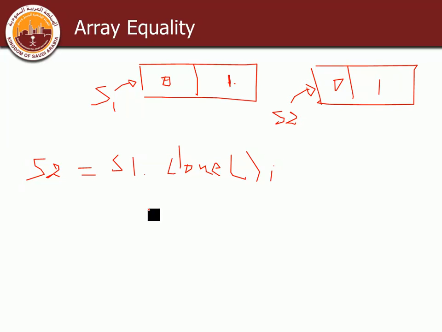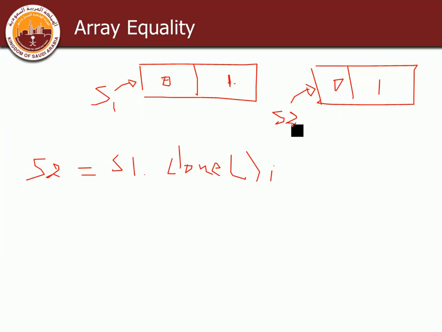So now is S1 equals S2? No. Because it does not look at whether they have the same size or the same content. It works on a different level. This equals just looks at the address. Are they the same address or not? If they are the same address, it says true. Not the same address, it says false. This is how these equals work.